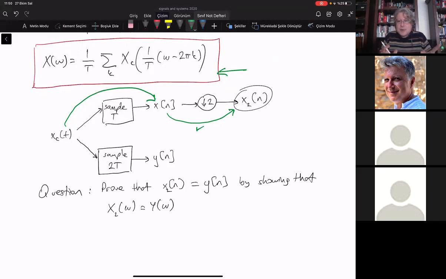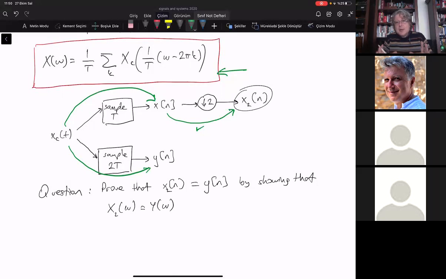You will also find the relation between the Fourier transform of y and the Fourier transform of x sub c. The right-hand side of all these relations will show you that the Fourier transform of y is the same as the Fourier transform of x2. And then you will say that therefore x2 of n is equal to y of n.